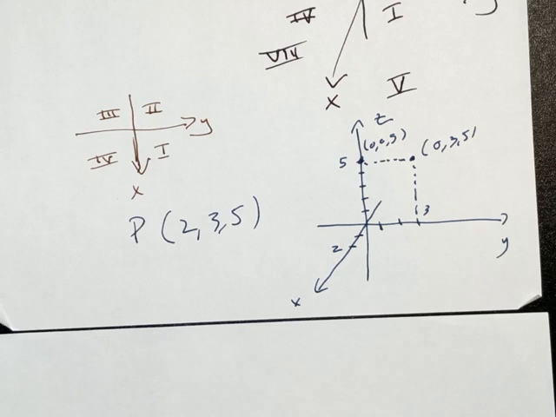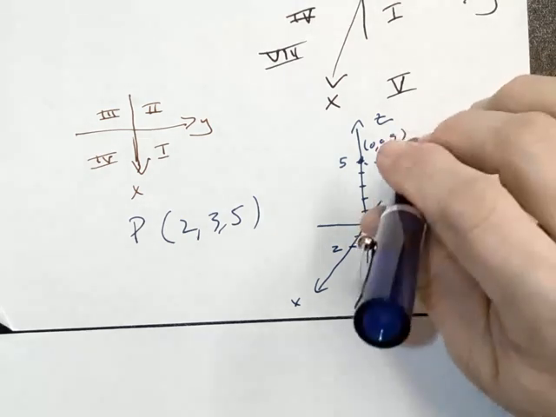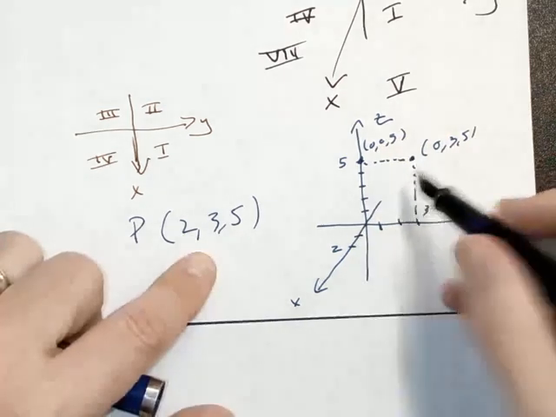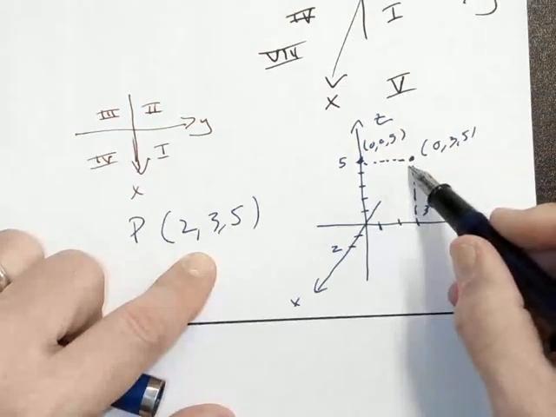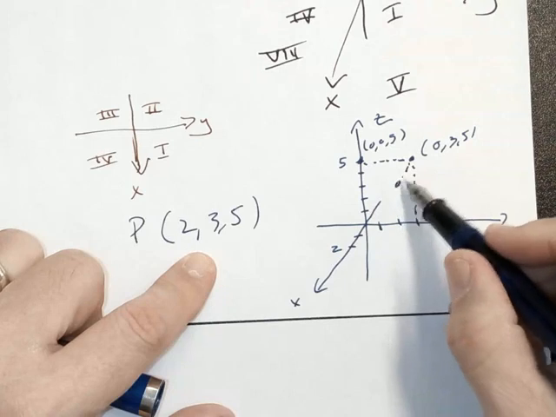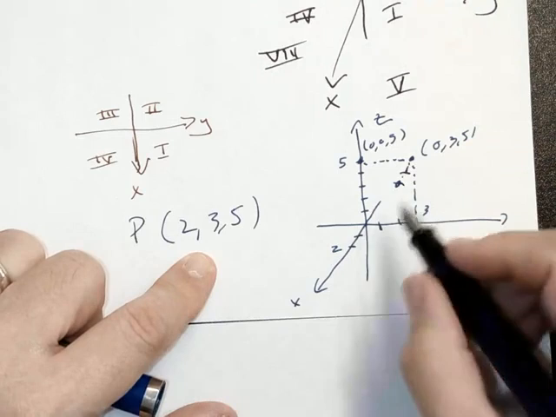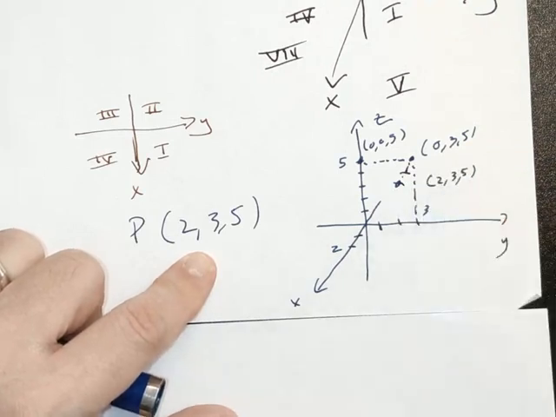If I went straight out, you wouldn't see anything. It wouldn't change, would it? But I need to go parallel to the x-axis. So the motion in this direction has to be parallel here. 1 unit, 2 units. And that's the point (2, 3, 5).